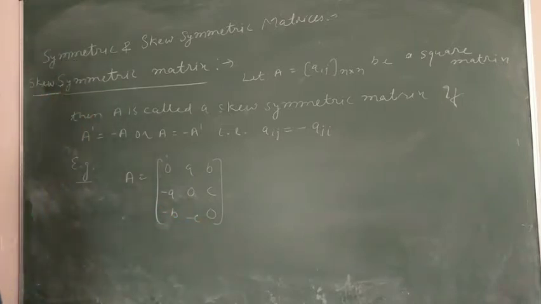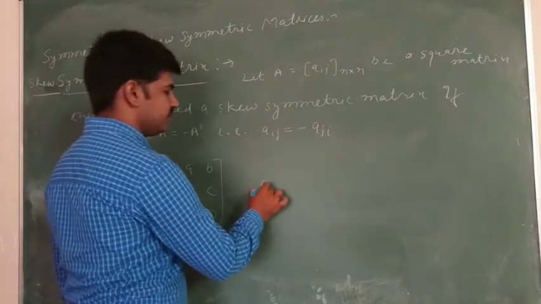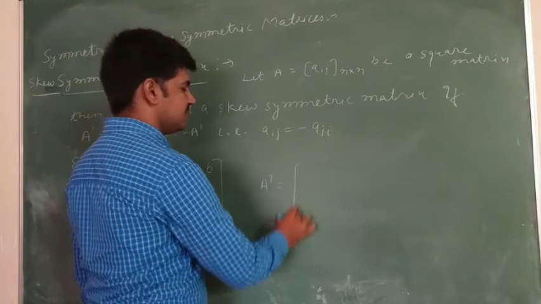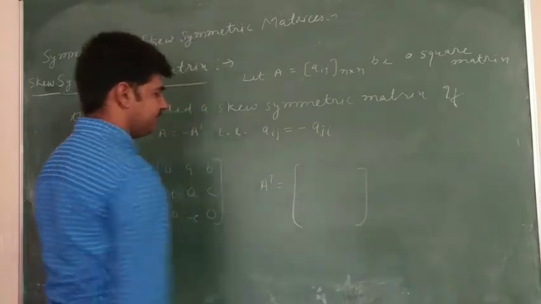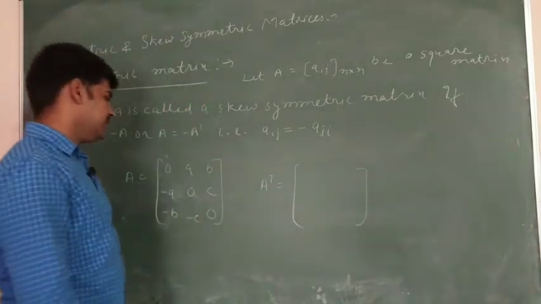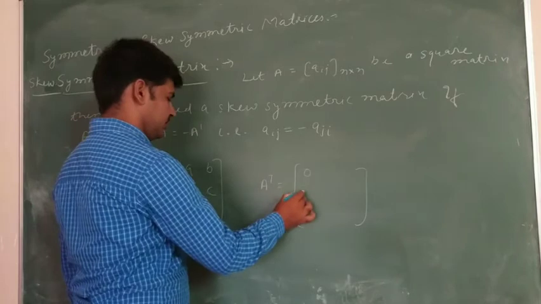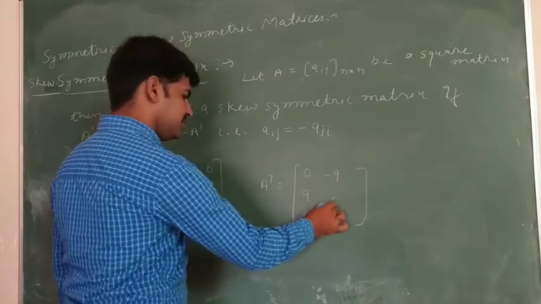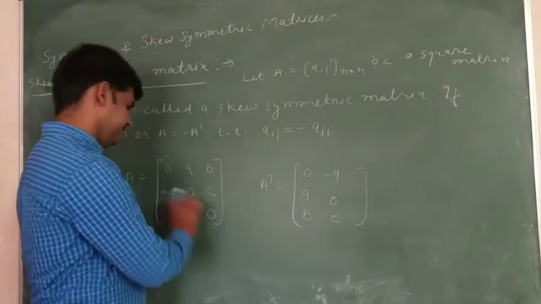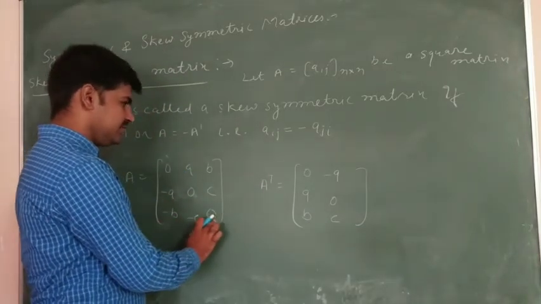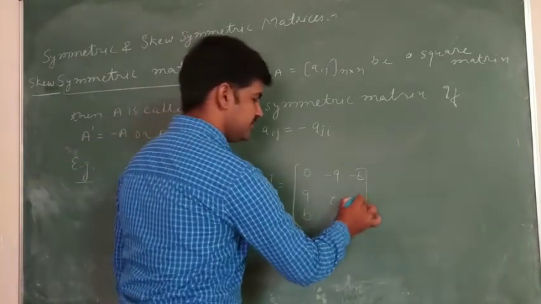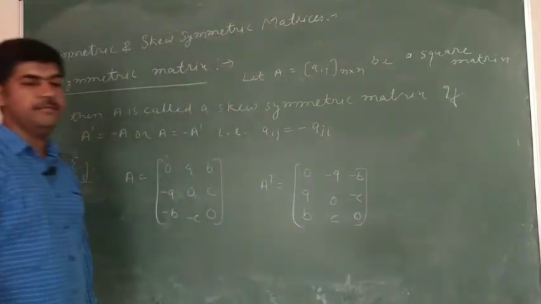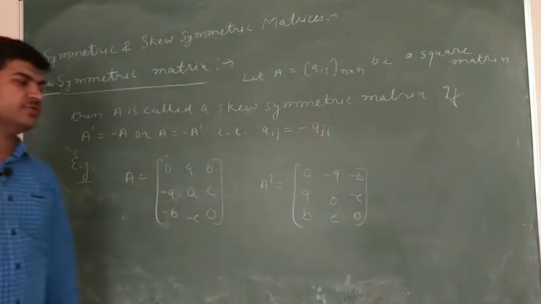Dear students, I have taken a matrix A, and now I am finding the transpose of matrix A. So the transpose of matrix A will be 0 minus a minus b, a 0 minus c, b c 0. I have written the transpose of matrix A.